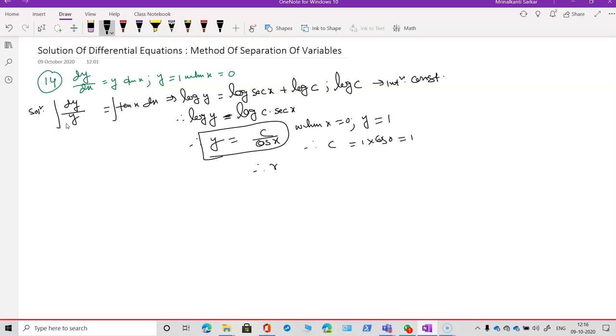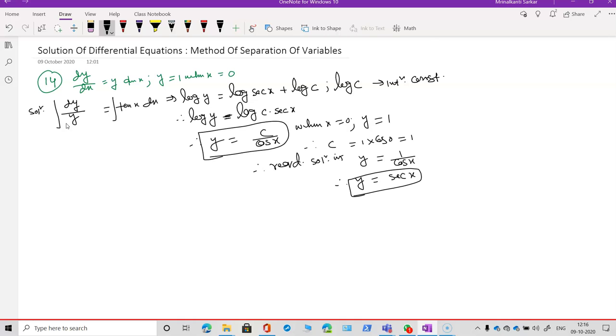Therefore, the required solution is y equal to sec x.